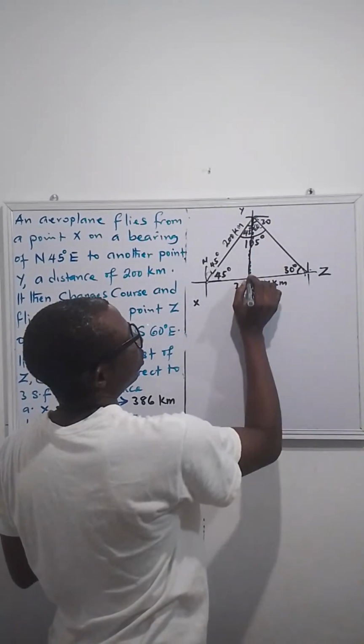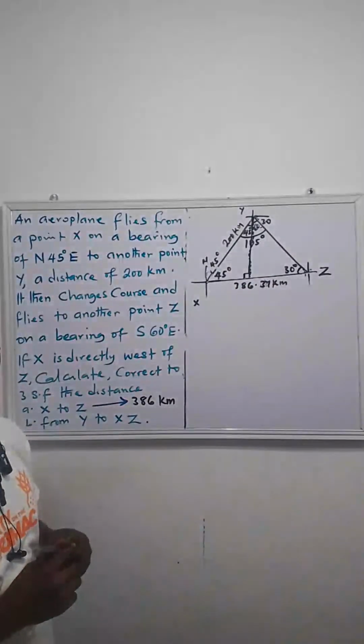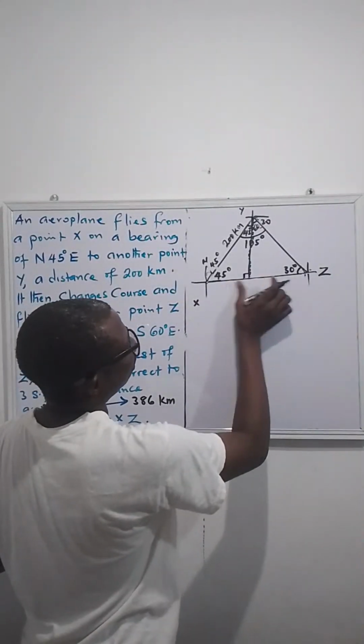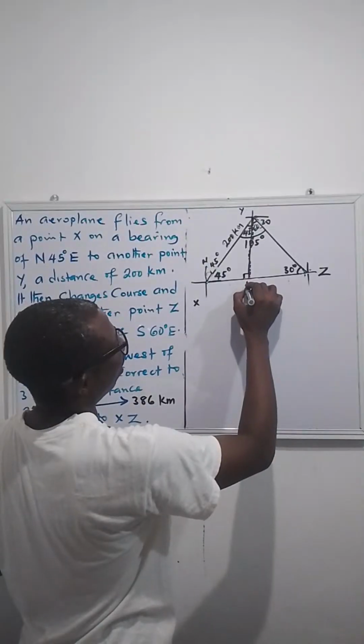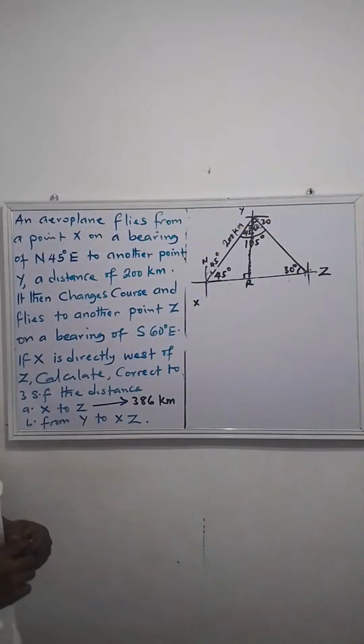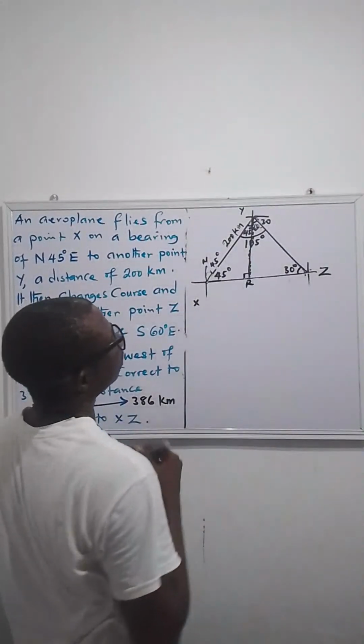That line is going to be perpendicular to the ground, so that gives us a right angle triangle. Let's call this R. So we have a right angle triangle XRY.